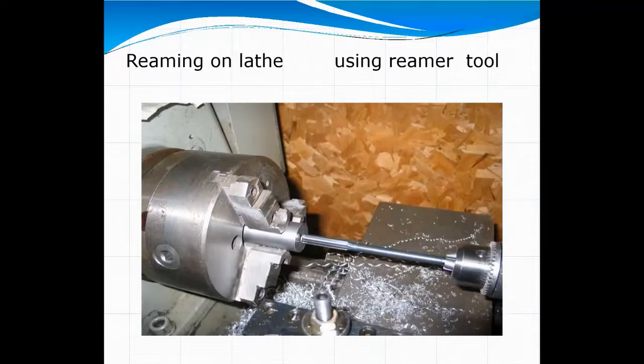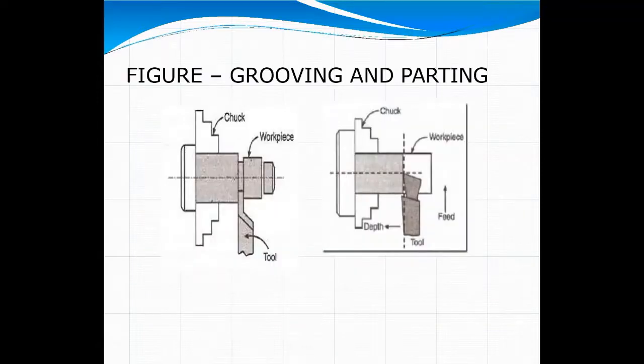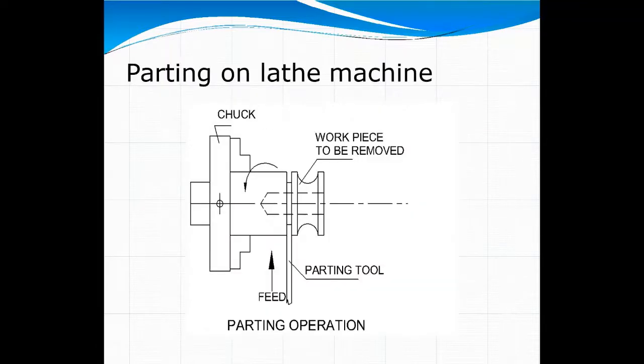Reaming is nothing but improving the smoothness of the drilled hole. So it is a very fine, smooth finish. A reamer, or actually drill bit, the reamer also is named as a different dia.